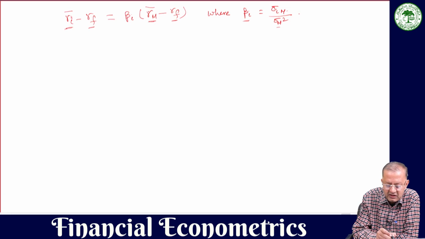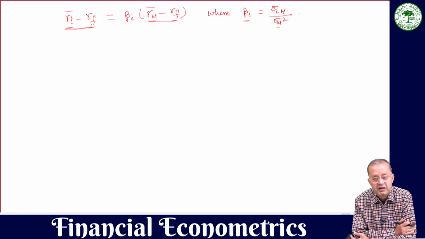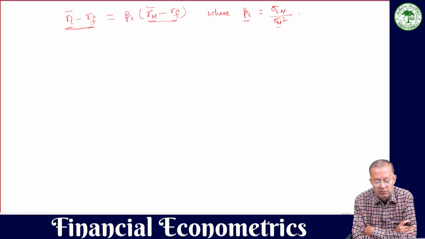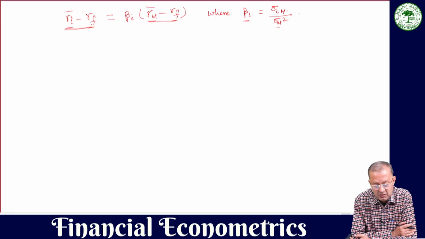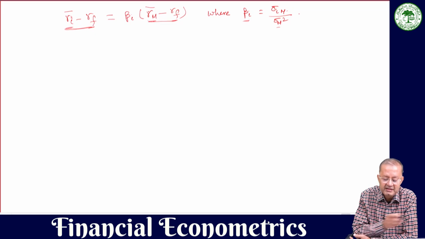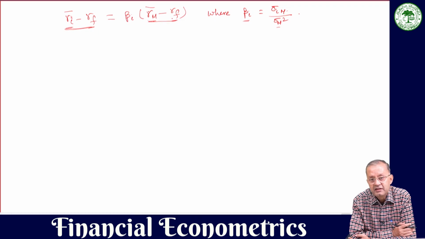What does this entire term Ri bar minus Rf show? It shows the excess return on the ith asset, because this is the excess with respect to the risk-free asset. Now Rm bar minus Rf is the excess return on the market asset with respect to this risk-free asset.